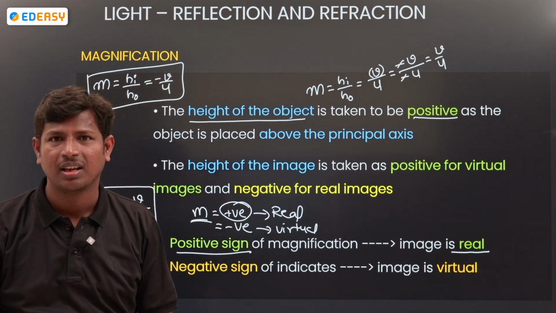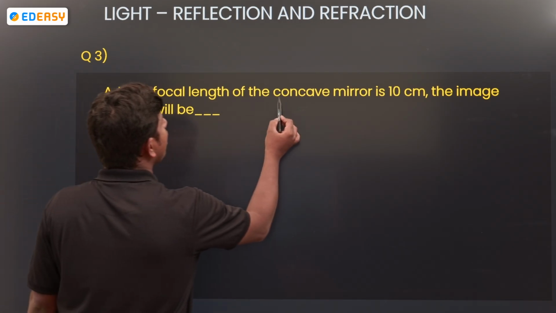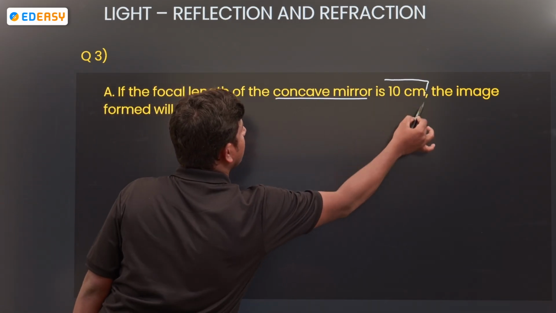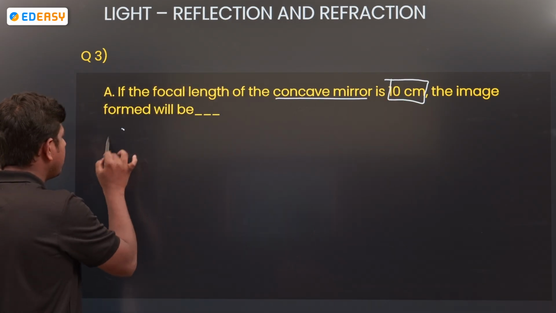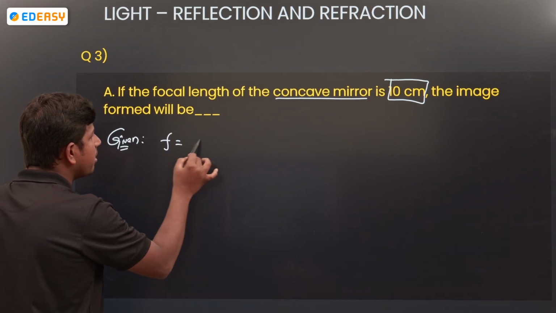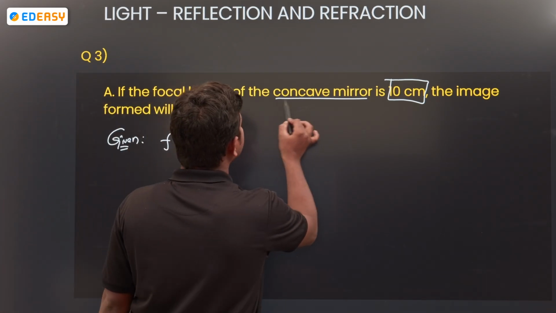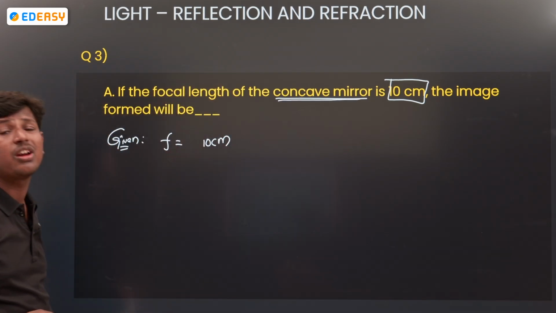Next, coming to the question: if the focal length of the concave mirror is 10 centimeter, first take the given information. Focal length is 10 centimeter, for a concave mirror.